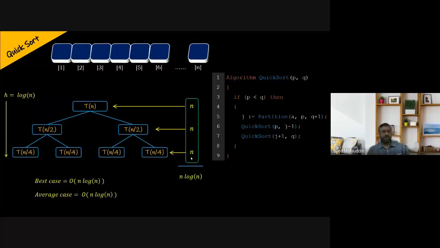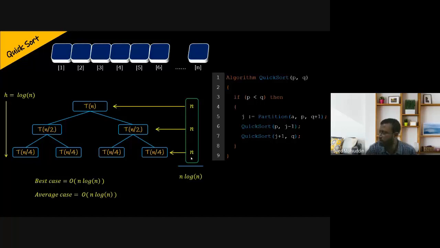The best case is when the elements are in random order. Average case is when we consider that the partitioning element is always going to be the middle element. Then what about the worst case?